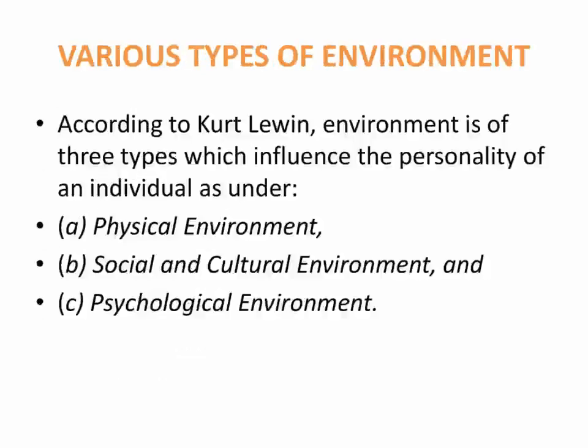Now, we'll see various types of environment. There are three types of environment which influence the personality of an individual: physical environment, social and cultural environment, and psychological environment. Physical environment refers to the geographical climate, weather, and physical conditions where an individual lives.